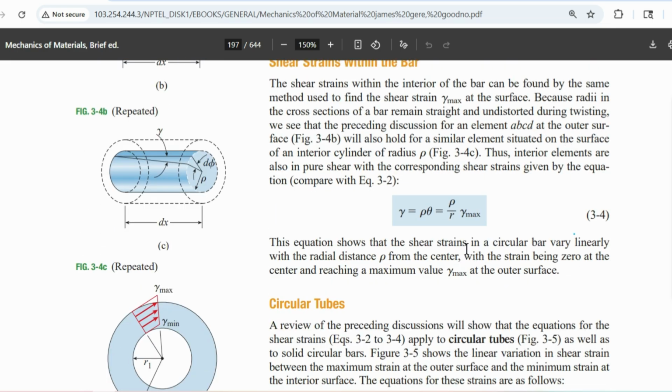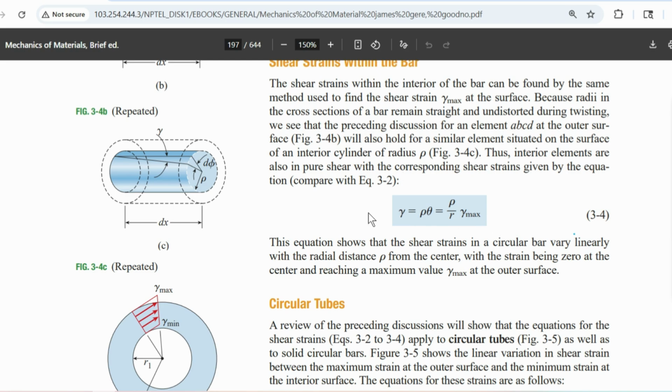So now we have the measured radius divided by the total radius, which is just a proportion. If rho is 0, then this becomes 0. And if rho is r, then we have 1, and this is gamma max. And so we have a linear relationship, and that's what this shows.